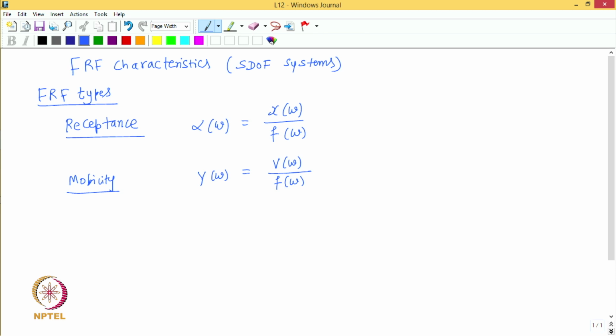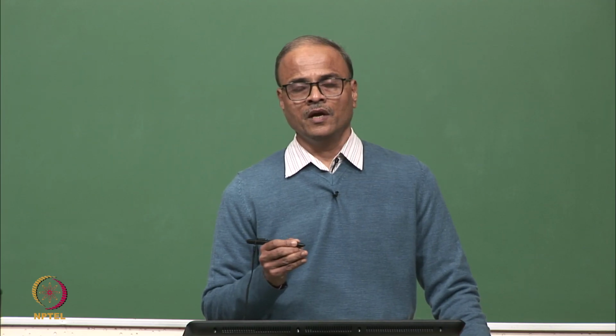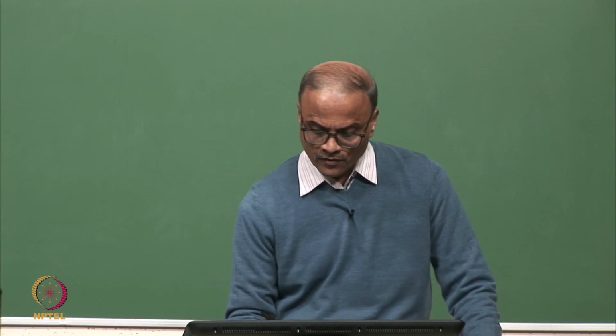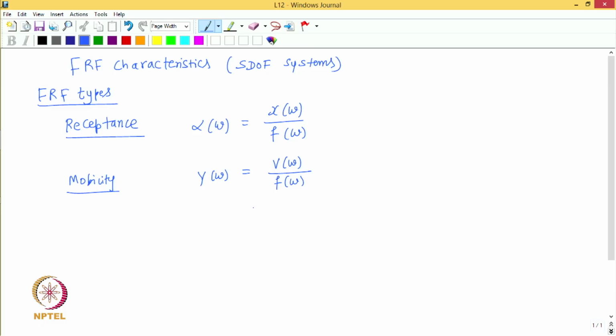Because these quantities are defined in the frequency domain, they are at a certain frequency. Each frequency basically refers to a harmonic force acting on the system, and the corresponding response is also harmonic, and therefore V of omega can also be written as i omega times the displacement of the response at that frequency, that is i omega into X of omega.